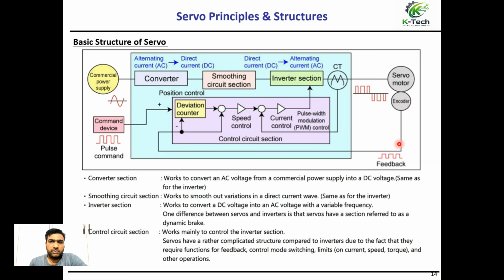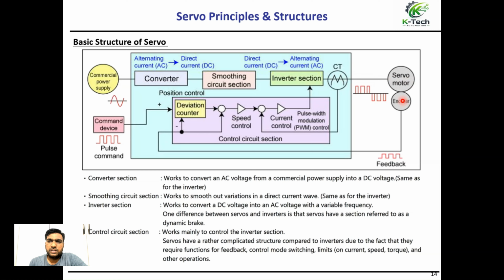The encoder feedback comes to the deviation counter, where the command pulses and the encoder feedback pulses are compared and calculated, and according to that it gives the output to the next section. For example, you are giving 100 pulses. The inverter section will just send 100 pulses to the servo motor.